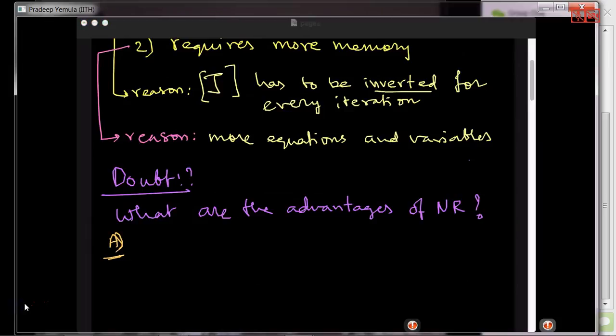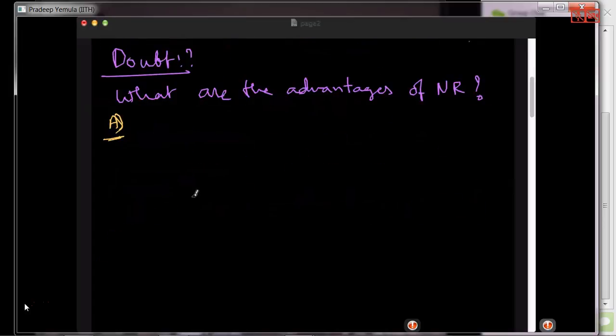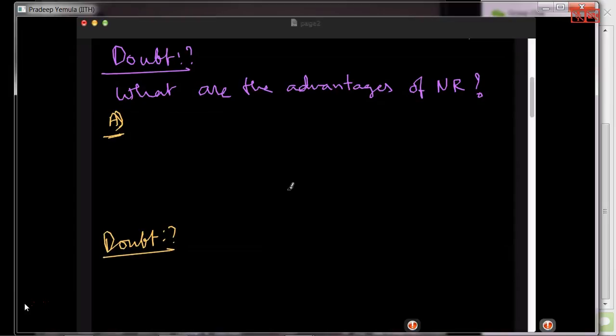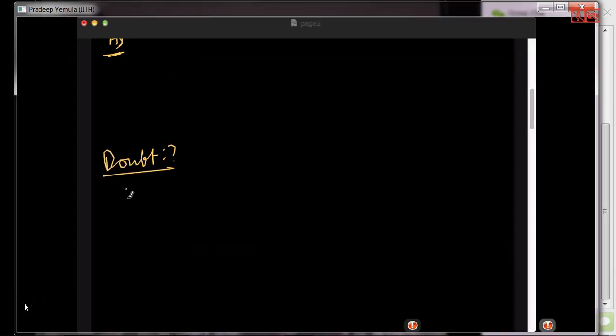I have one question. Is there any condition that equations are implicit?